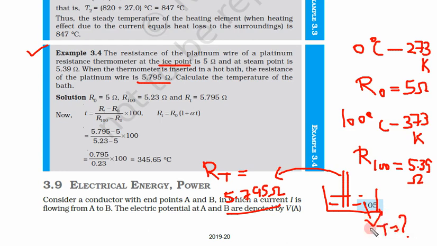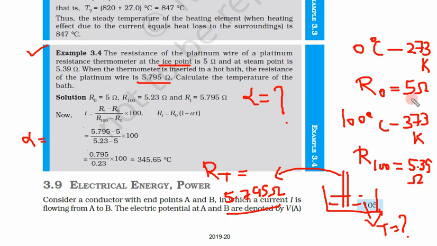So how can we calculate? First we need to calculate alpha. What is alpha? How can we calculate alpha? Let us use this. So alpha is equal to the change in resistance.